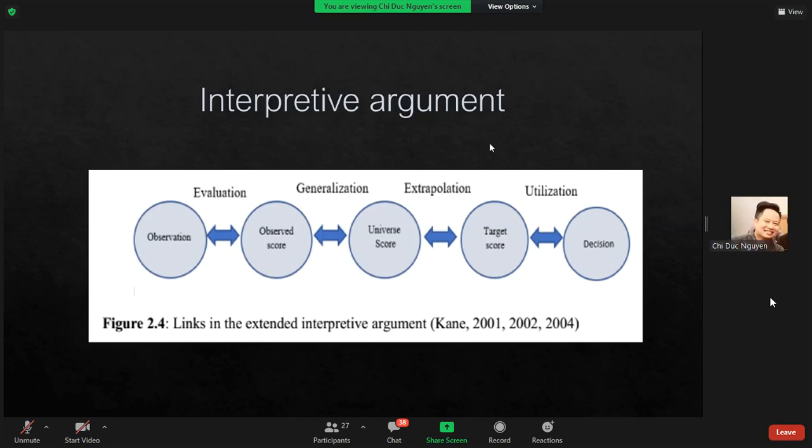What kind of evidence do we have to collect here to justify the claim that the student's test performance can well predict the future performance? I need some time to think. I don't know. Okay. What about the other students over here? Mỹ Hạnh. Trương Mỹ Hạnh, are you there?